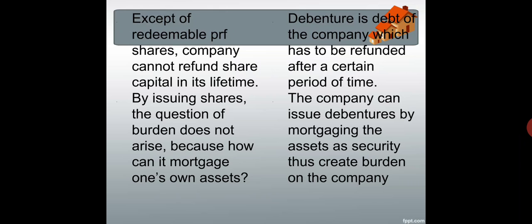The next one, in equity shares, any type of company can issue equity shares. If a company has not specified the types of shares, then all the shares are automatically considered as ordinary shares.